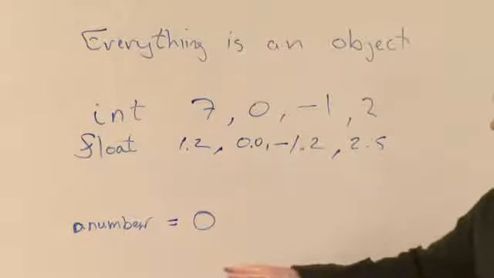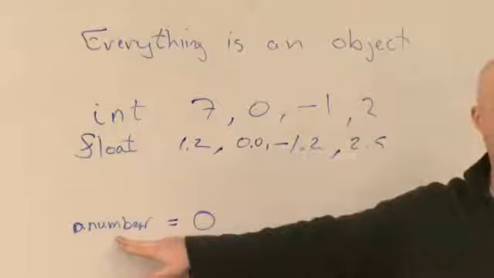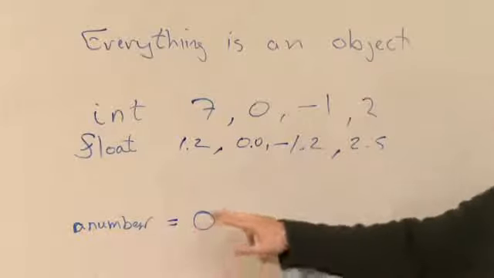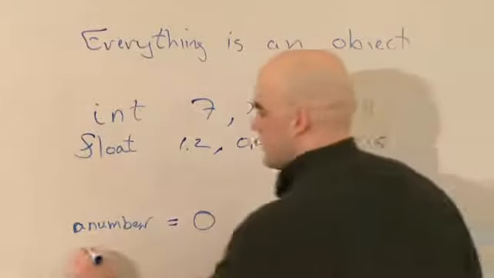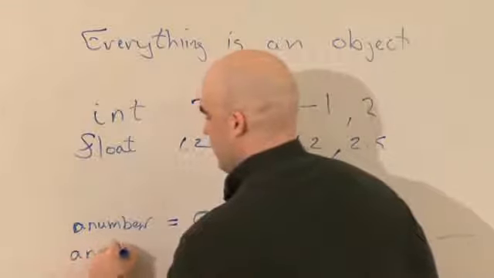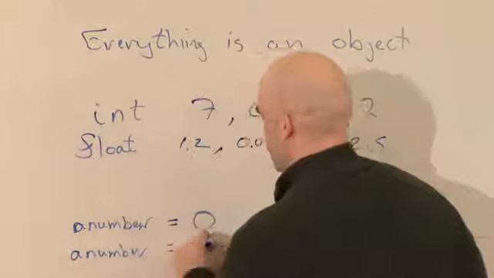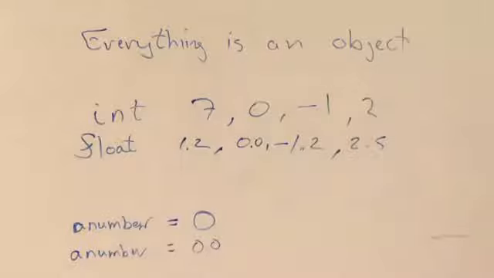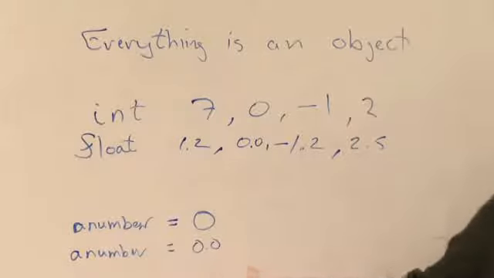So in this case, it's going to create a number and it's going to call it a type integer. All right, if it sees this, it's going to create this variable, and it's going to have a type of float.